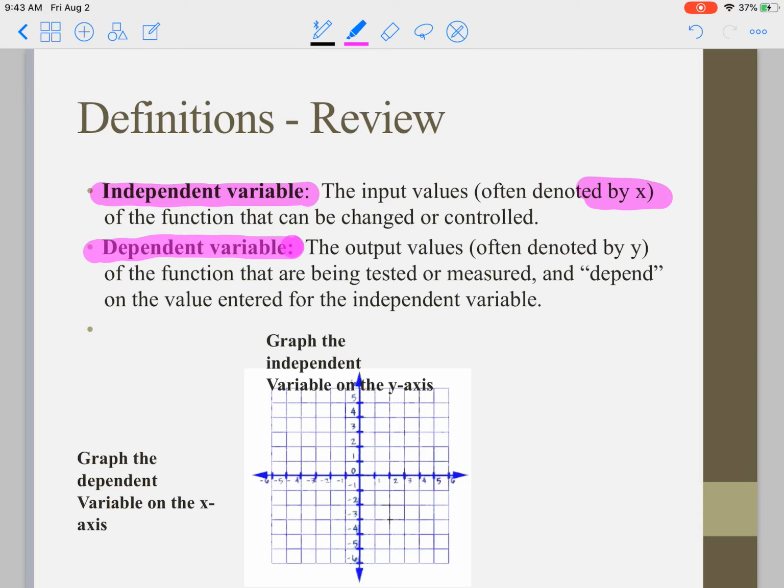The dependent variable are denoted as the y's, the outputs, and they are dependent because they depend on what you choose in the independent variable. Always the independent variable, as we said, was x, so that's the horizontal axis. The dependent is y, that's the vertical axis.